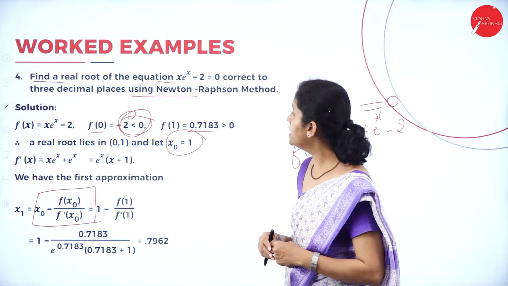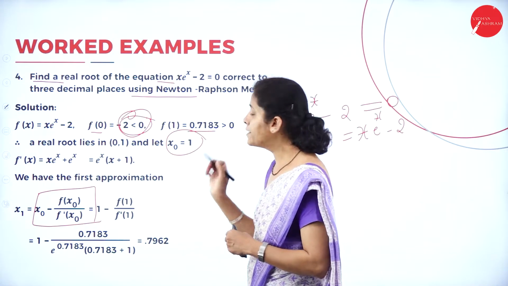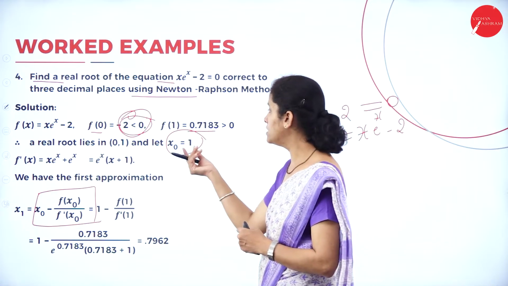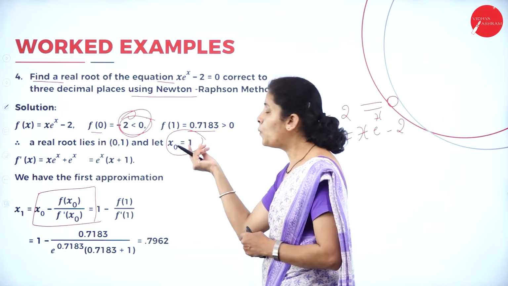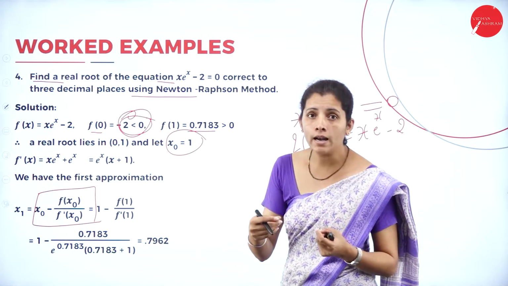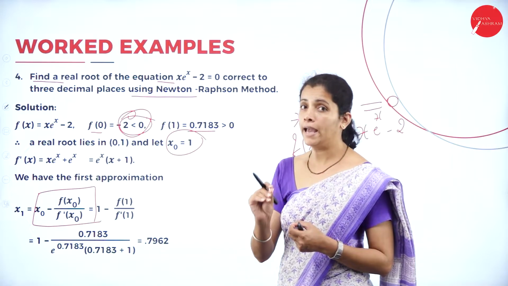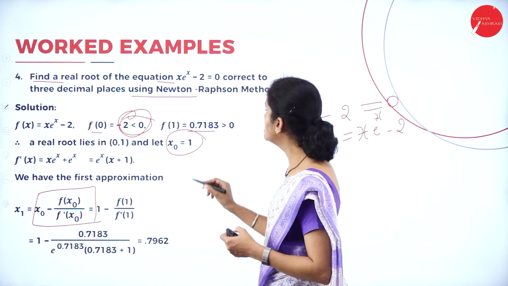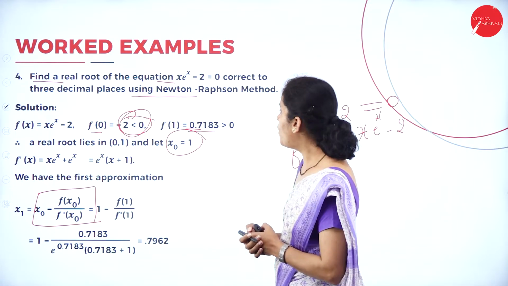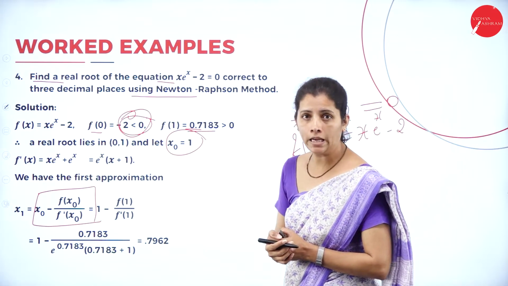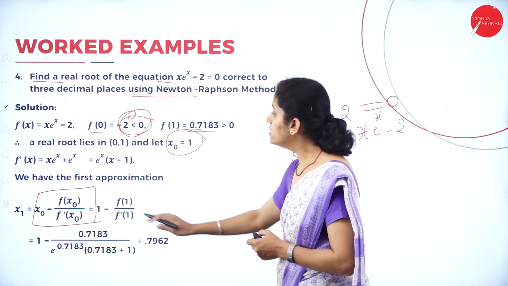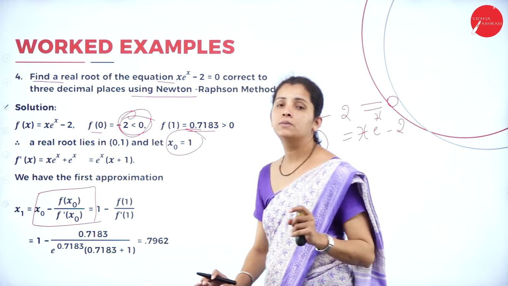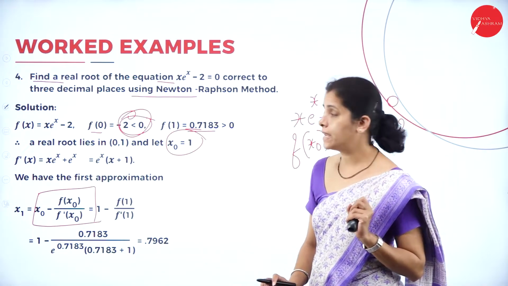Now, dear student, I got x naught. What is x naught? That is 1. And when my x naught is 1, what is my f of x naught? That is 0.7183. And now I don't know what is my f dash of x naught.